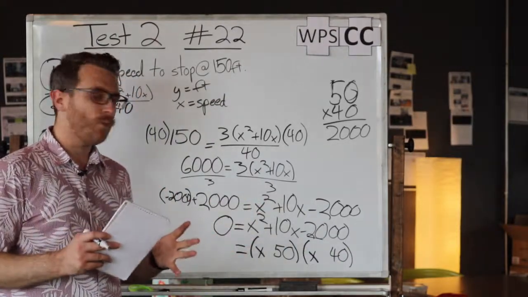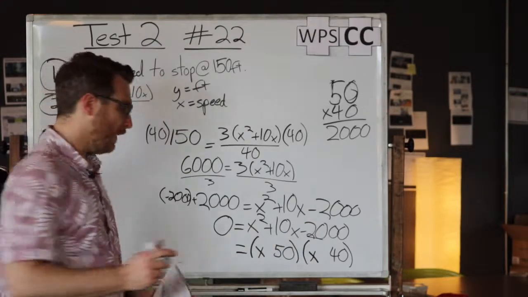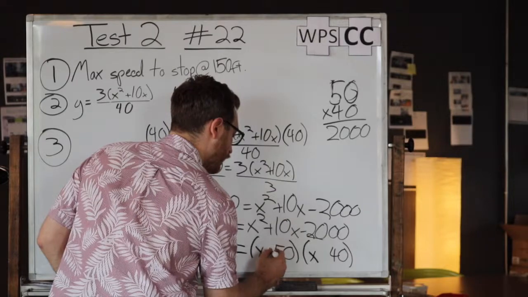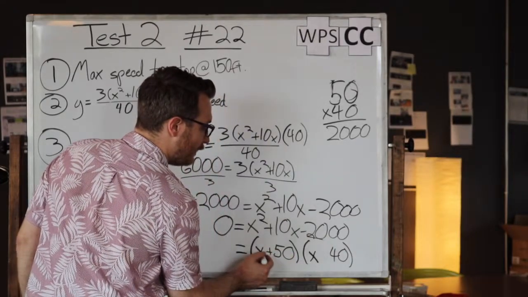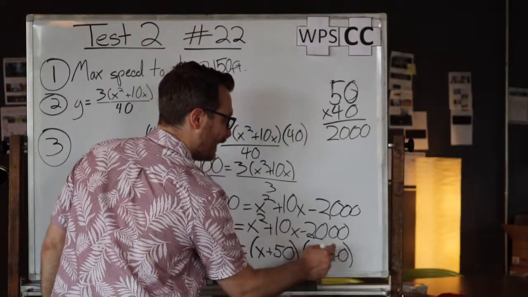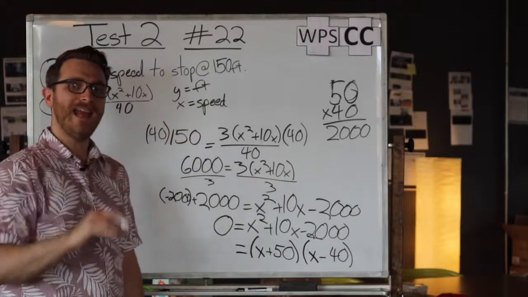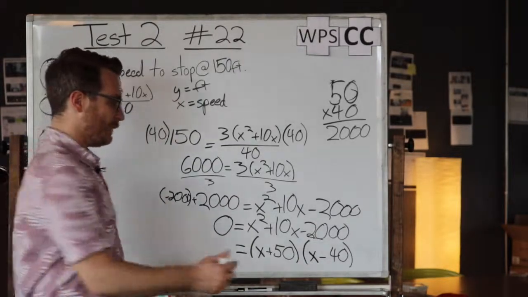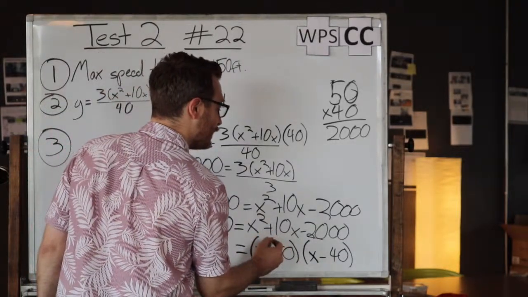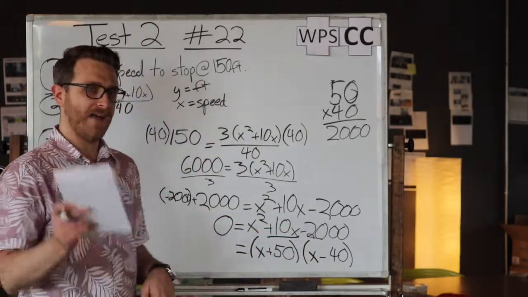Adding those together will get us a positive 10. How will that work? Well, let's try it out. If I did negative 40 times x, I'd have a negative 40x, and a positive 50x. Positive 50x minus 40x would get me 10x. So look, this foils out back to the trinomial I have up top.